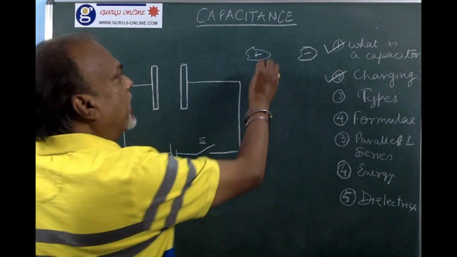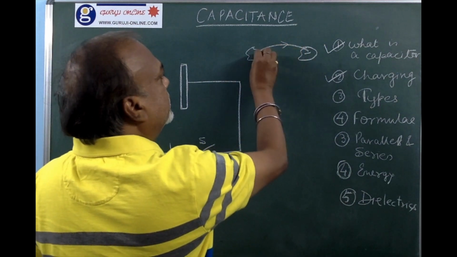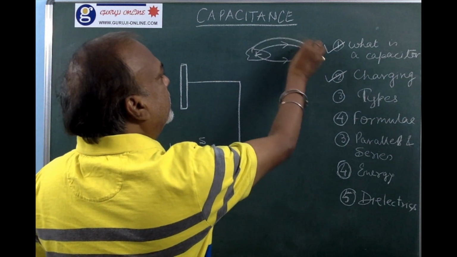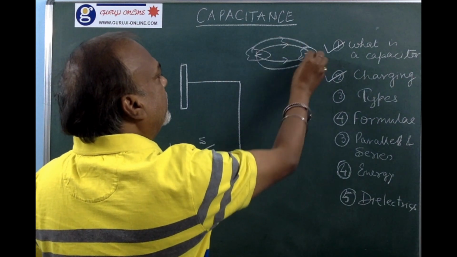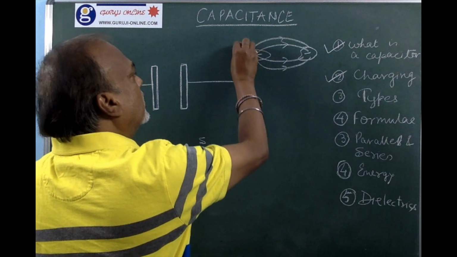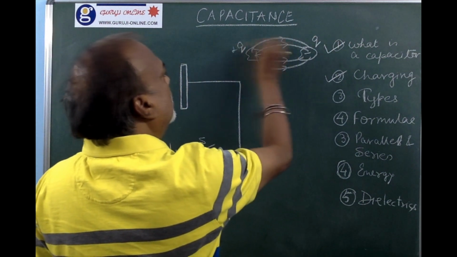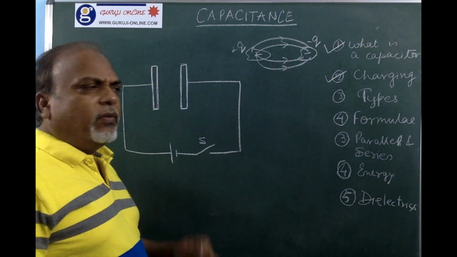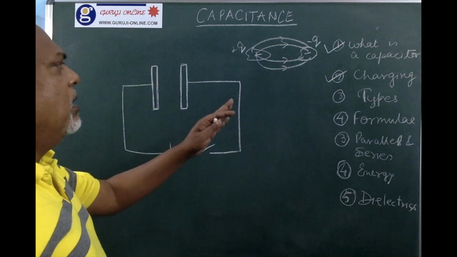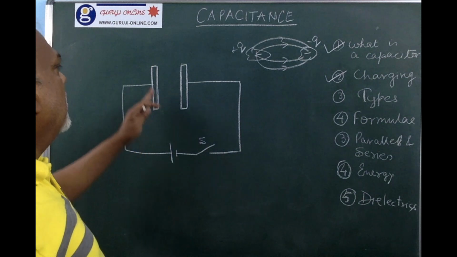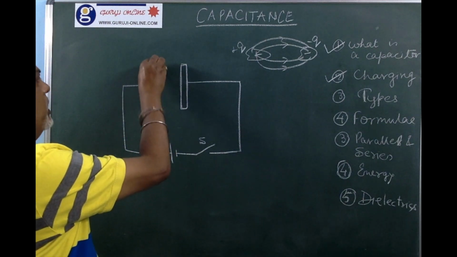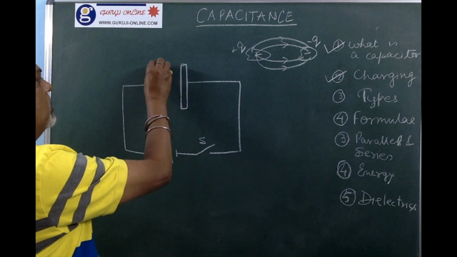This is also a capacitor, because plus Q charge is there and minus Q. This can be of any geometry, but for understanding's sake, let us see these are two metallic plates.